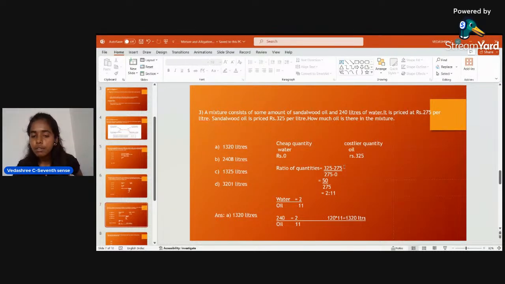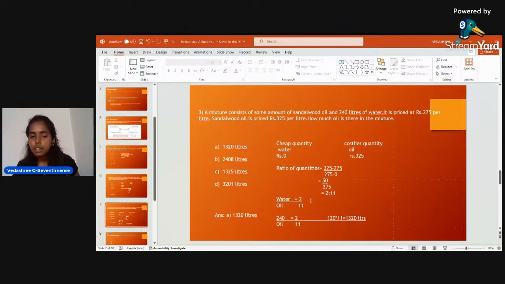So 325 minus the mean price, which is 275, divided by 275 minus the cost of the cheaper quantity, that is 0. If we subtract, we get 50 divided by 275. If we divide this by 25, we get 2 is to 11.